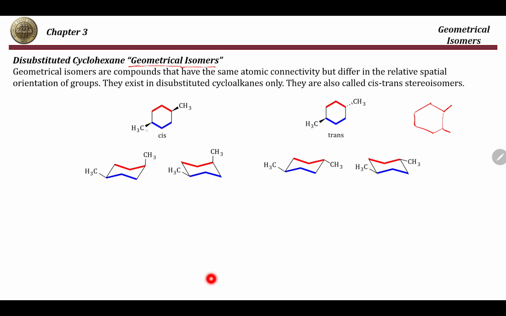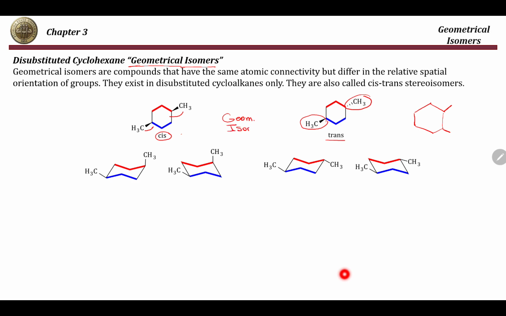If those 2 branches were on the same side, and by side I mean both are wedges or both are dashes, then this is called cis. However, if one of the branches is wedge and the other one is dash, then the compound is said to be trans. And in this case, the relationship between this compound and this compound is geometrical isomers.